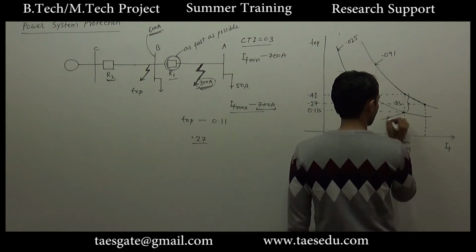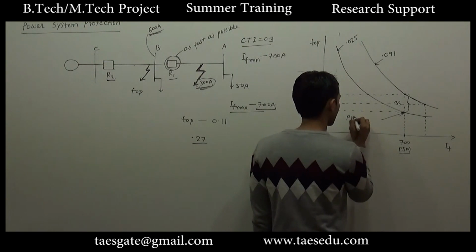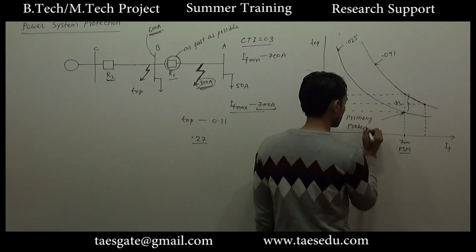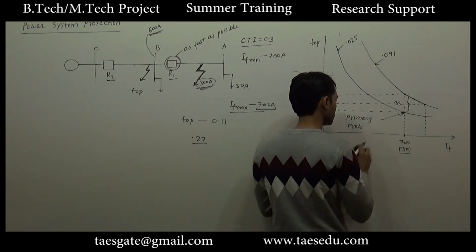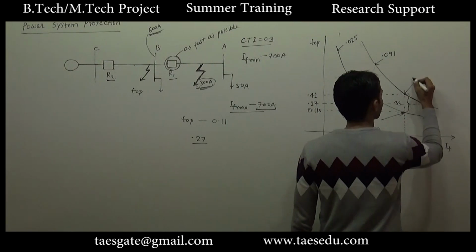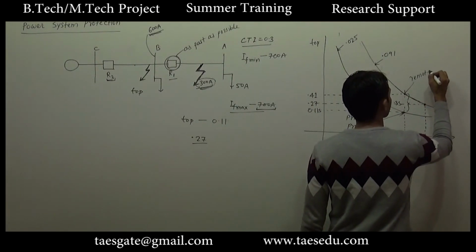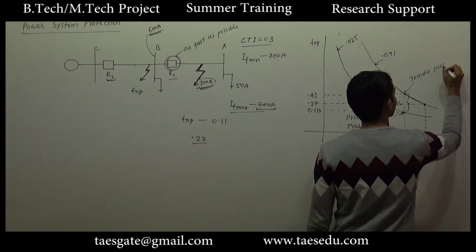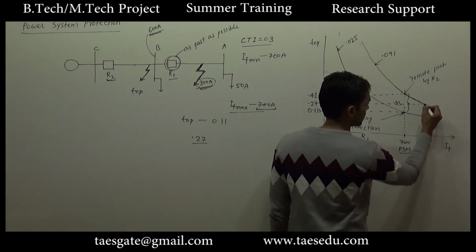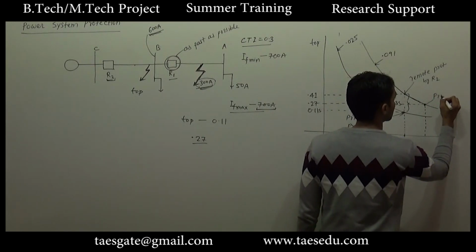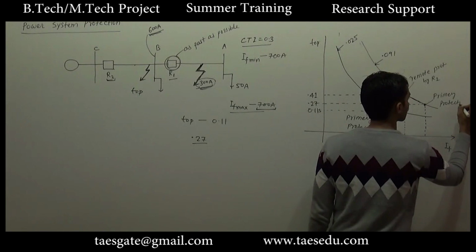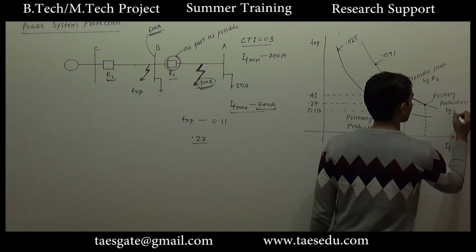So this point is for primary protection, this is for remote protection by R2, this is by R1, and again this point is primary protection by R2.